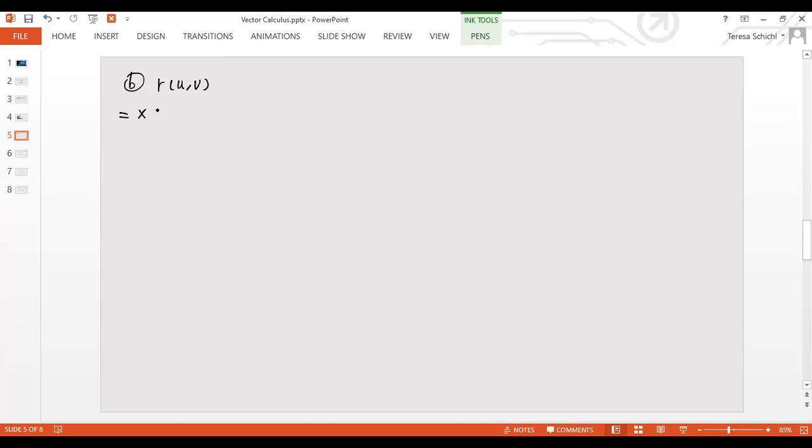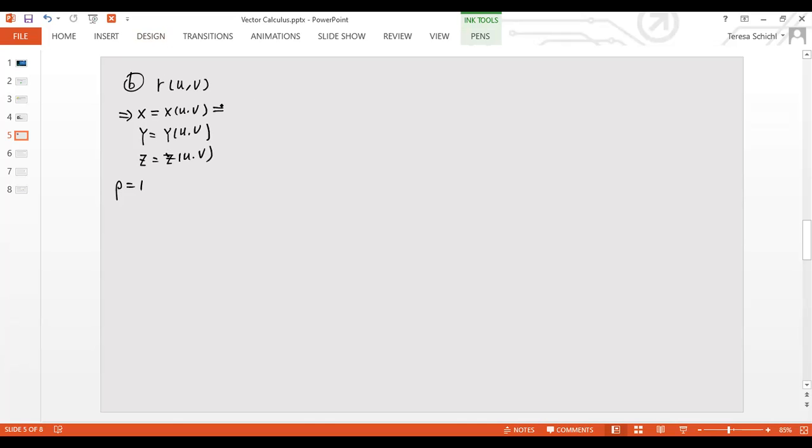So x equals a function of u and v, y equals a function of u and v, and z equals a function of u and v. The sphere has rho equal to 1.